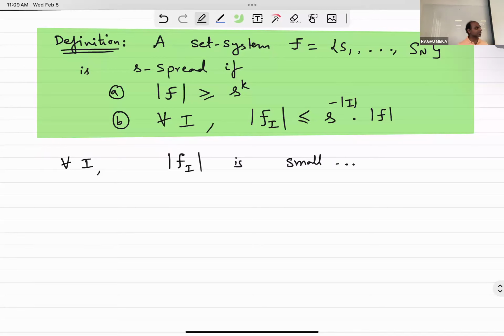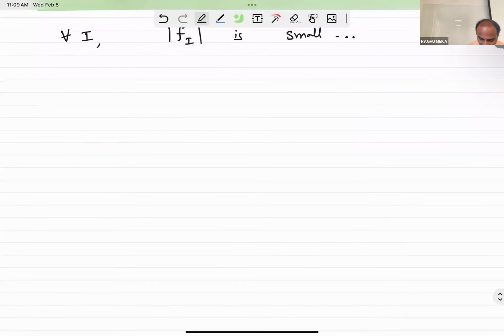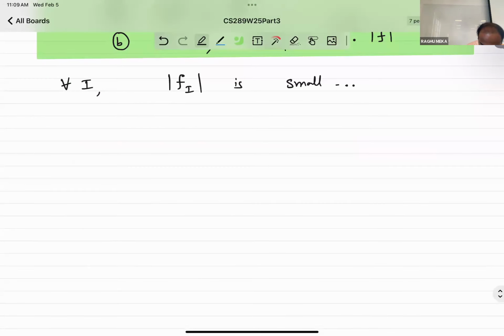Okay. Does this make intuitive sense about what the bound is saying? Yes, no. Okay. And it's called spreadness because it's essentially saying that the sets don't overlap too much. All right.